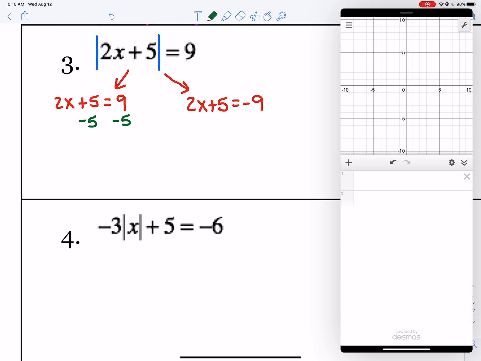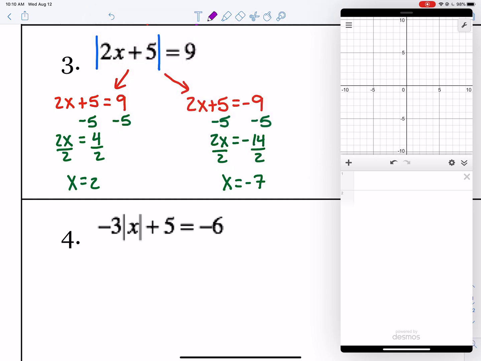So let's subtract 5 from both sides, and you can do it with both equations, or you can do one at a time. All right, so bring down 2x is equal to 9 minus 5, which is 4, and 2x equals negative 9 minus 5, which is negative 14. And then we can divide by 2, and we get x is equal to 2, and x is equal to negative 7.